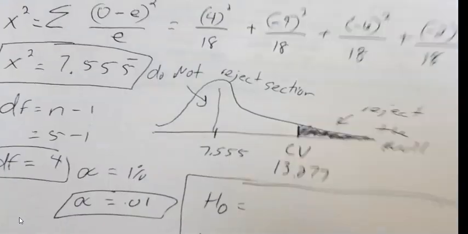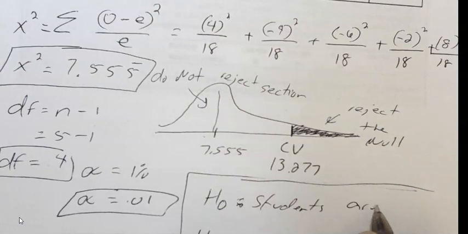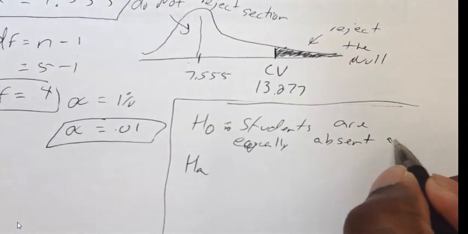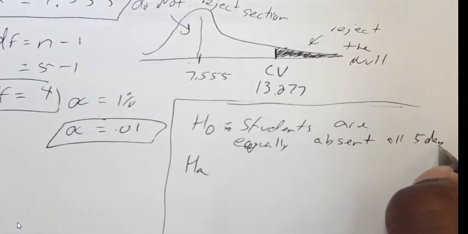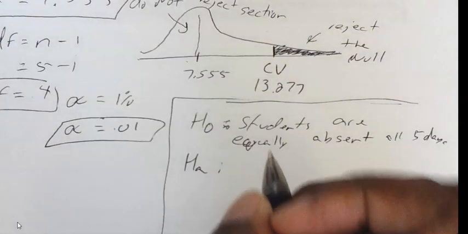So our null is students are equally absent all 5 days of the week. All 5 days. Our alternative is students are not equally absent all 5 days.